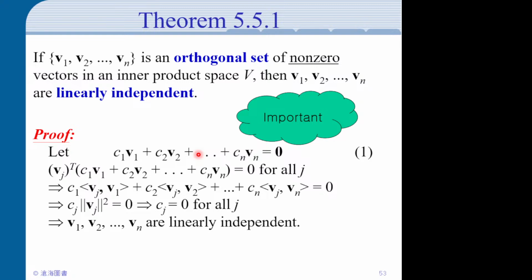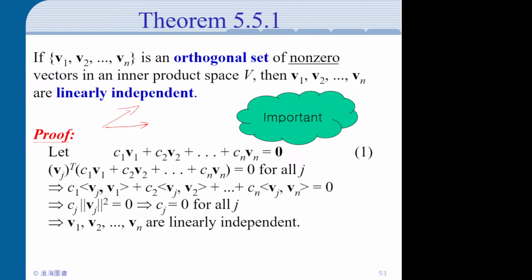But orthogonality already tells us something. Orthogonal is a stronger property than linear independence. The intuition is like this. Say you are in R2 and we have only 2 vectors. Orthogonal is stronger than linearly independent.